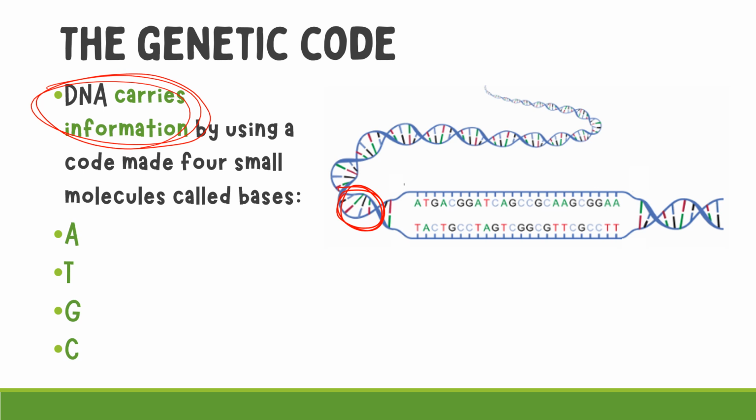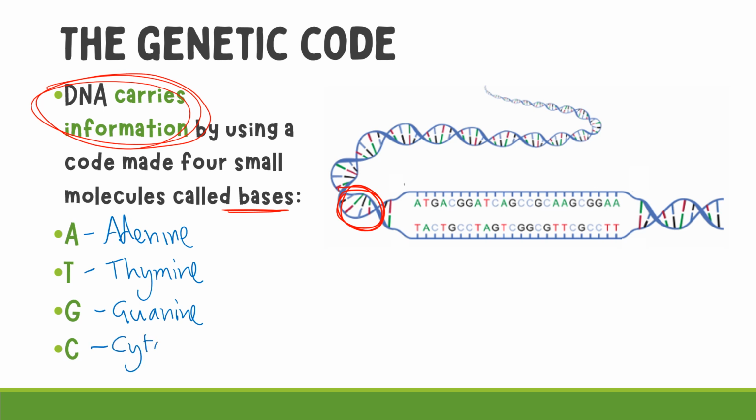So we call these 4 different parts of the molecule bases, or nitrogenous bases, and the 4 bases in the code for every species that we've discovered is A, T, G, and C. A stands for the base adenine, T is thymine, G is guanine, and C is cytosine.